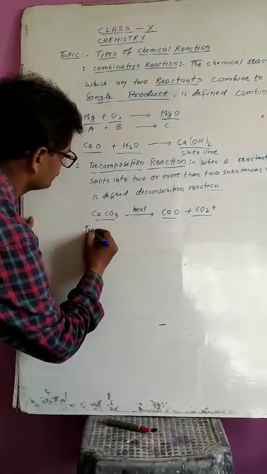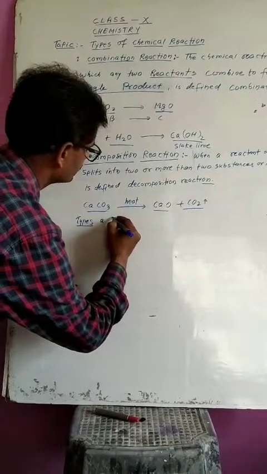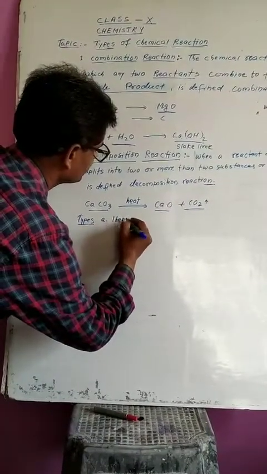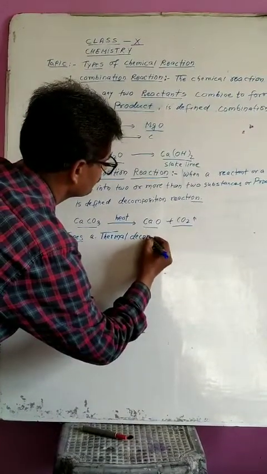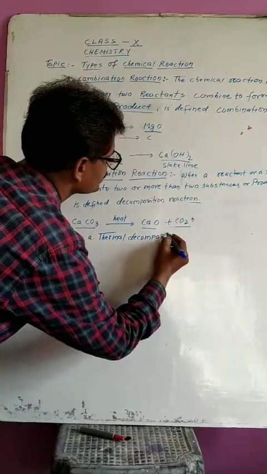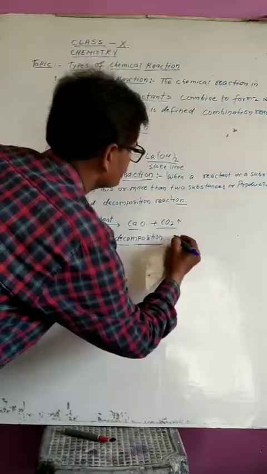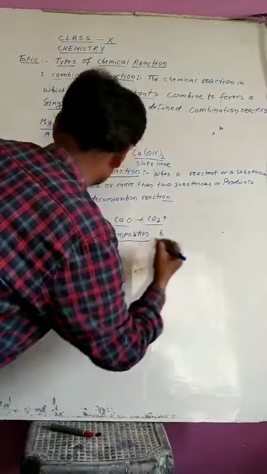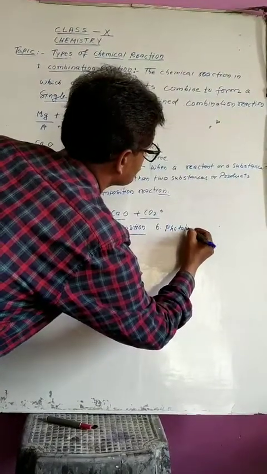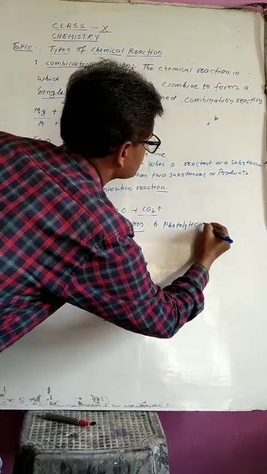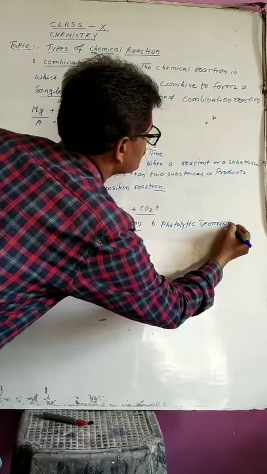Types: one, thermal decomposition. B, photolytic decomposition.